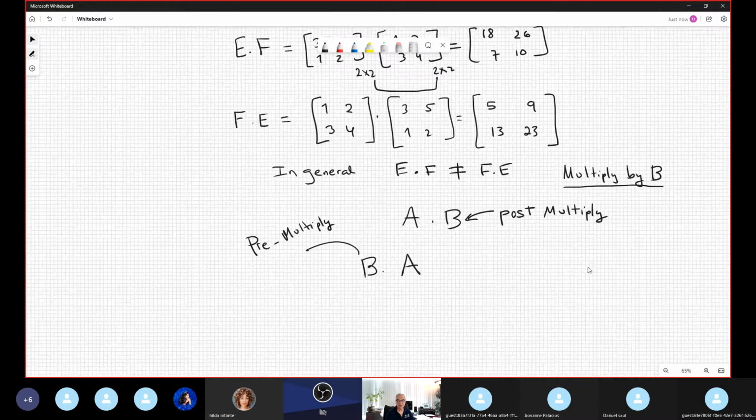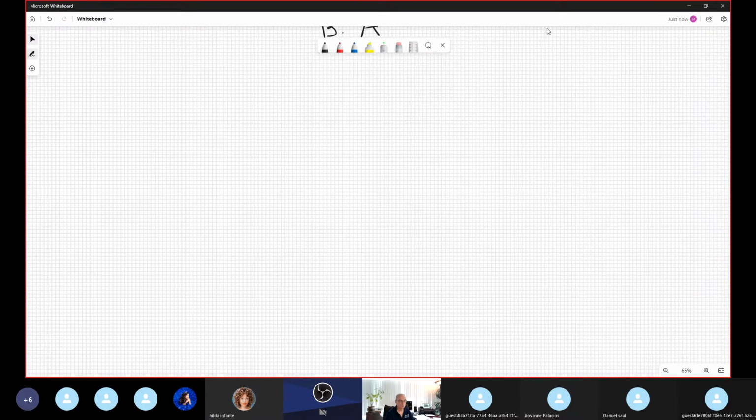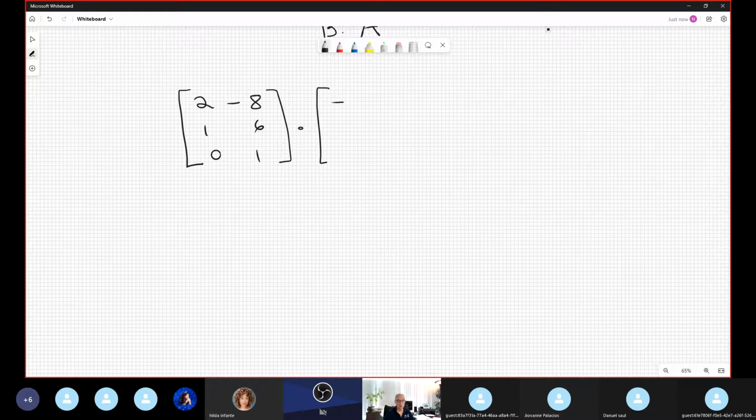Okay. One more example of the multiplication of two matrices. Suppose multiplication of this matrix times this matrix. The first thing is analyze dimension. This is 3 by 2, 3 rows, 2 columns, and this is the same, 3 rows, 2 columns.